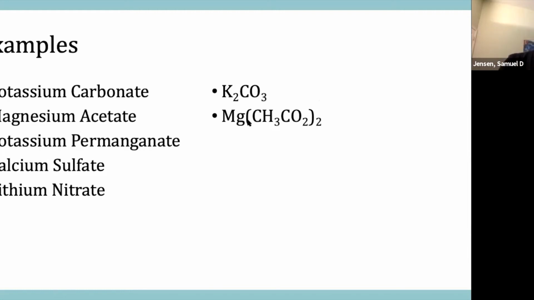One acetate has a -1, so I need two of them. There's one acetate here and one acetate here. But if I simply put a 2 on there, it looks like my formula is CH3CO22. I don't have 22 oxygens, I have 2 acetates. So it's 2 of everything in the parentheses.